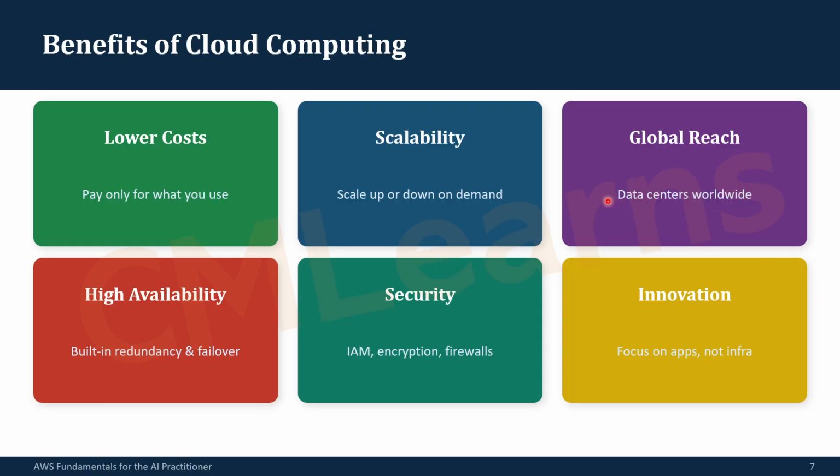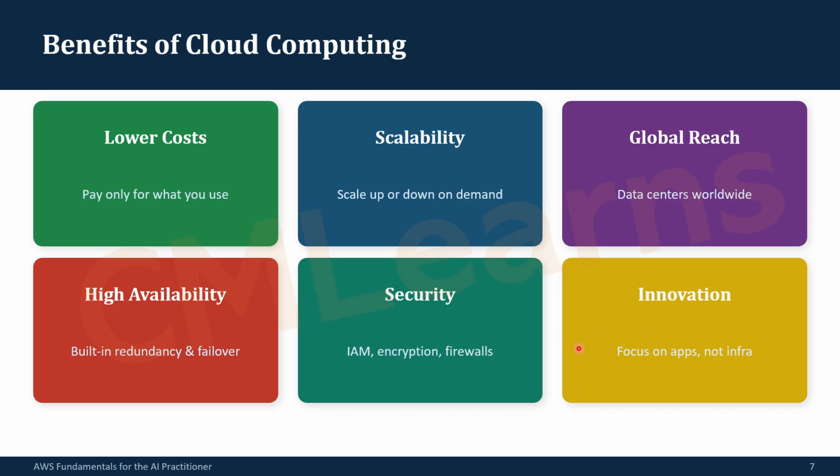So the availability is high, and there is security using IAM. IAM is a very important concept in AWS, and we'll explain more about it in the Identity and Access Management section. Then we'll use encryption and firewalls, and the security of the cloud will be there. Innovation focuses mainly on apps, not on infrastructure.